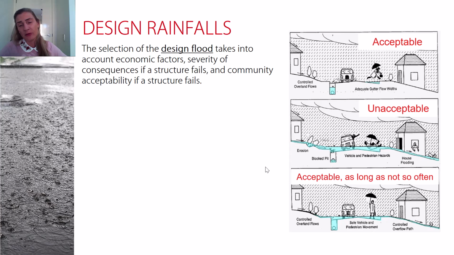The third example is acceptable, but people don't want to see that situation very often. But that may be the optimum design because it's not too expensive, and still people will be okay with the situation in case that system is not able to cope with this design with a certain large and extreme rainfall amount.